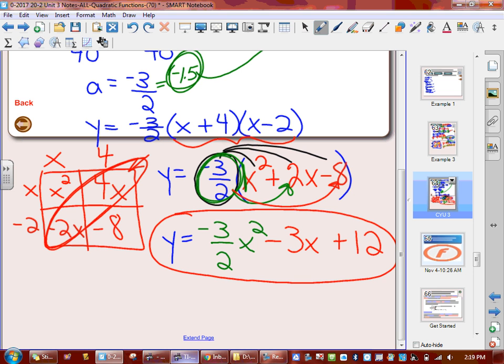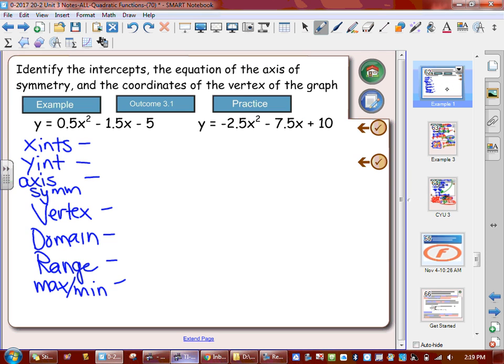I'm just going to back up a couple steps here to a couple pages before. You have these questions to do and to fill out for both of those. So we're going to answer every one of these questions for both of these: x-intercepts, y-intercept, axis of symmetry, our vertex, the domain and range, and our min-max.